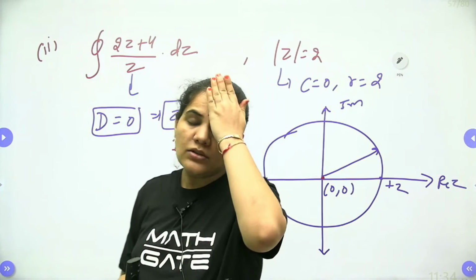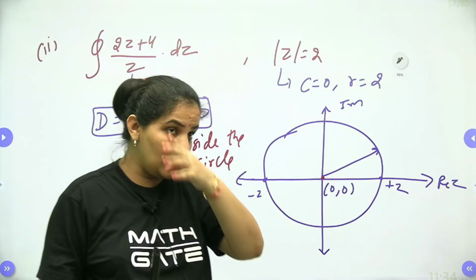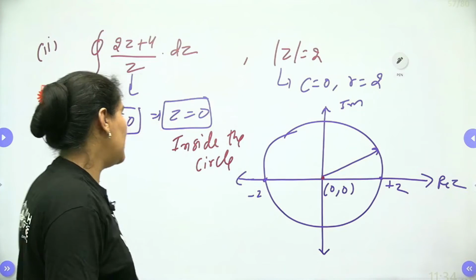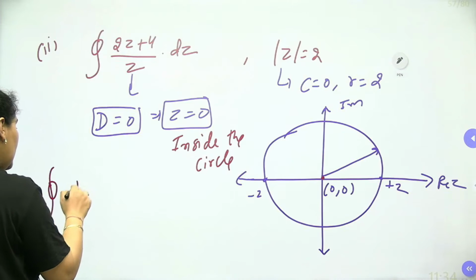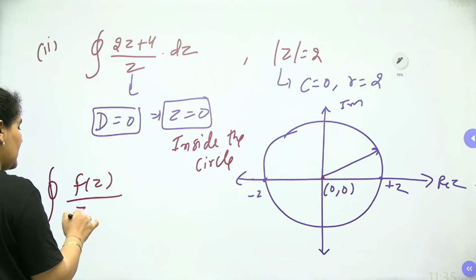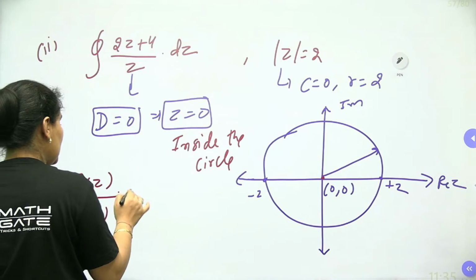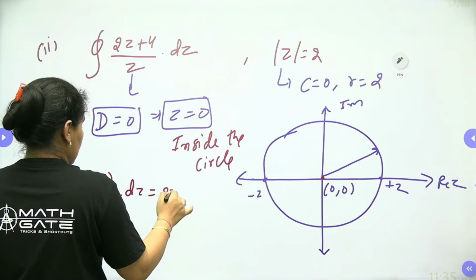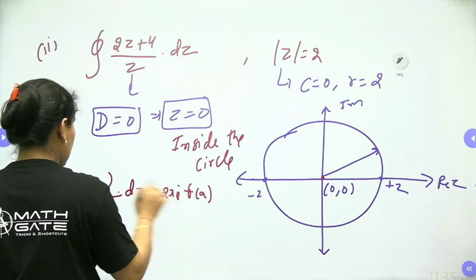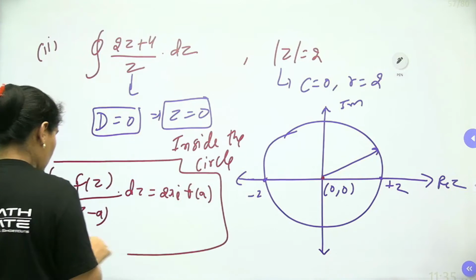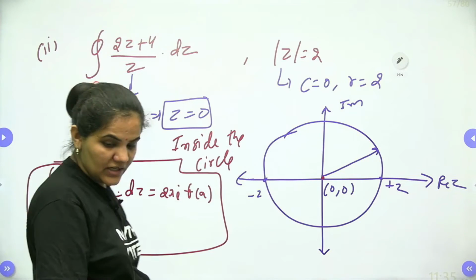Exactly, so here we can approach Cauchy's integral formula. Let me write down the formula. We know very well Cauchy's integral formula: the integral of f(z) by (z minus a) dz is equals to 2 pi iota into f of a. This is Cauchy's integral formula.